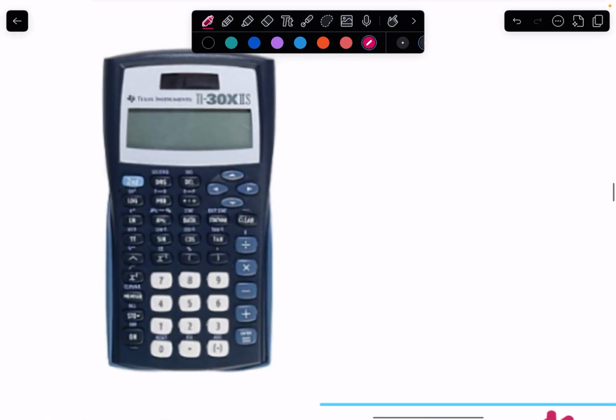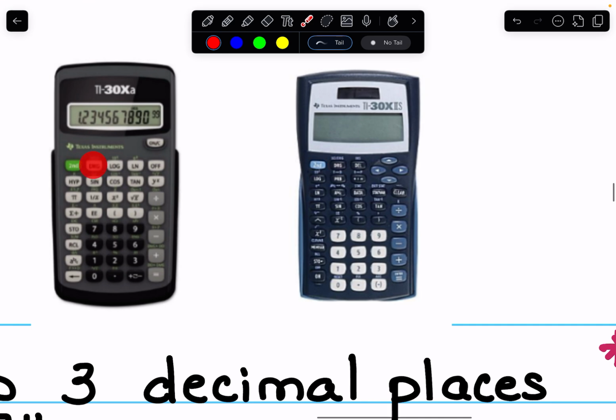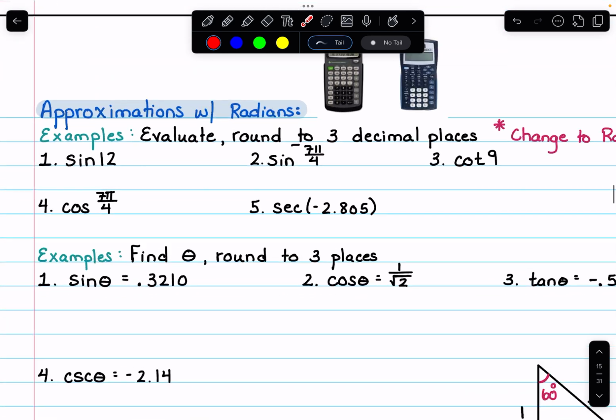So I have pictures here, because I obviously can't show you. You have this DRG button right next to the second button on both calculators. If you clicked that, it would give you 3 options. So right now, you would need to go over to the RAD button and then press enter. And then you should see down here RAD, right? So that means you're in radian mode for all of these.